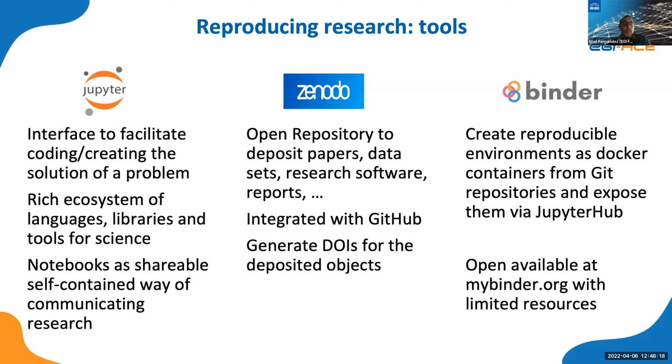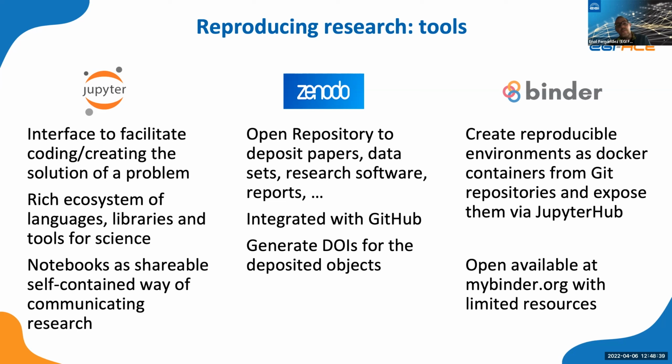That's how we can achieve reproducibility of the research. There is this mybinder.org website where anyone can just go there, put the link to the GitHub repository, and it will produce that. Although it's very nice because it's open, it's also limited in the resources that are available.